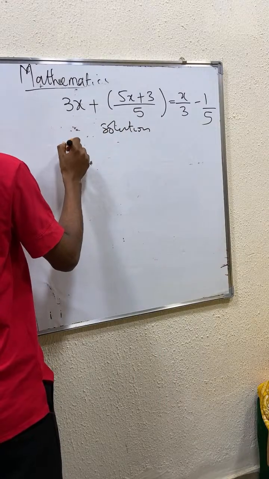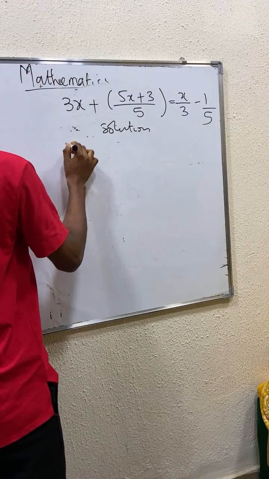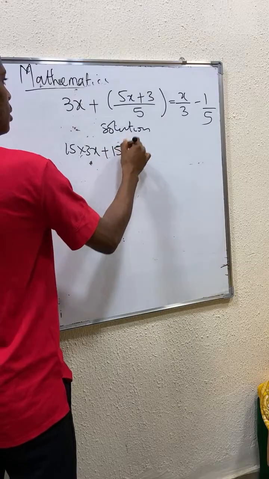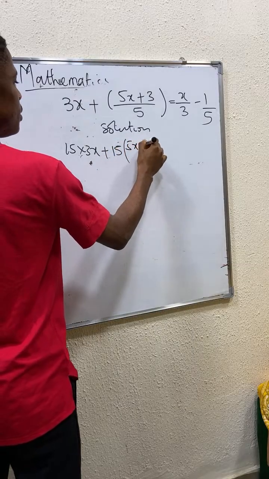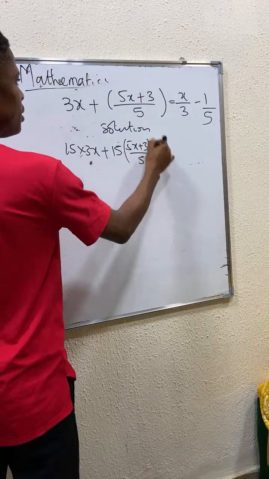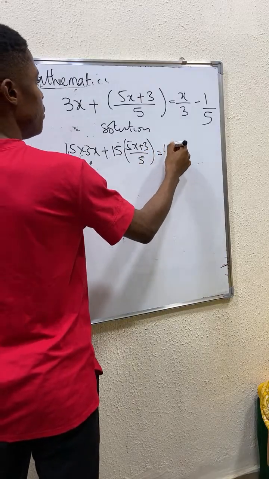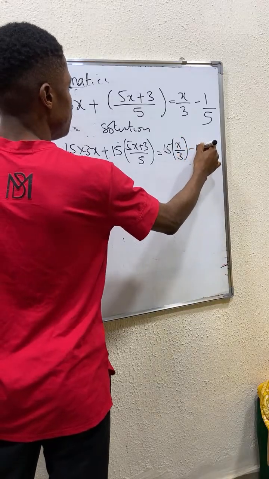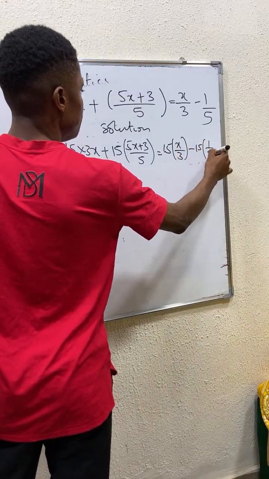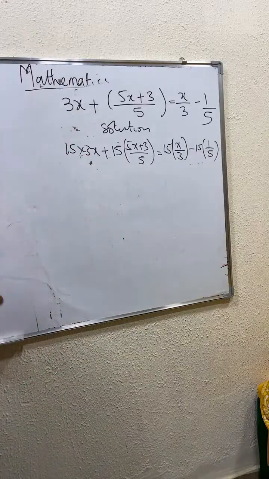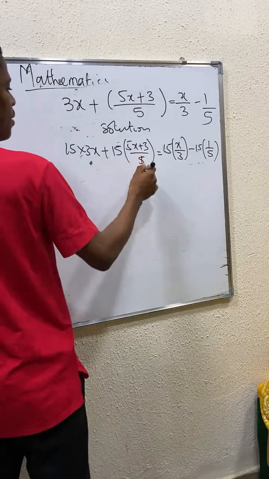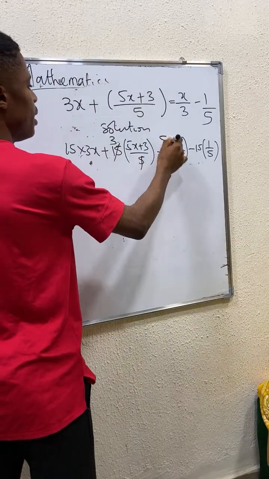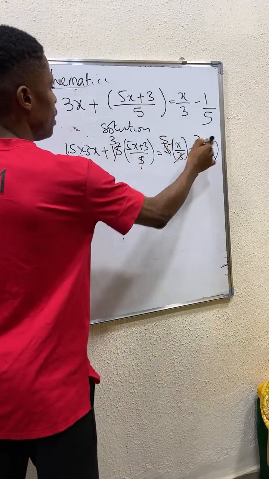So we'll have 15 times 3x plus 15 times (5x plus 3) over 5 is equal to 15 times x over 3 minus 15 times 1 over 5. Okay, 5 goes into 15 and you have 3. 3 goes into 15 and you have 5. 5 goes into 15 and you have 3.